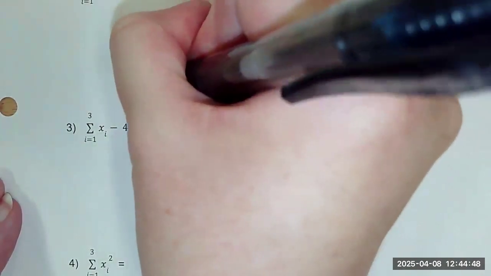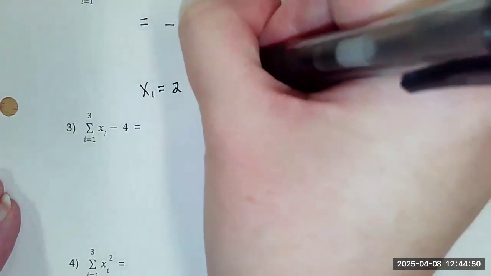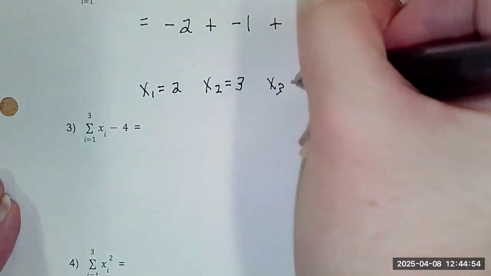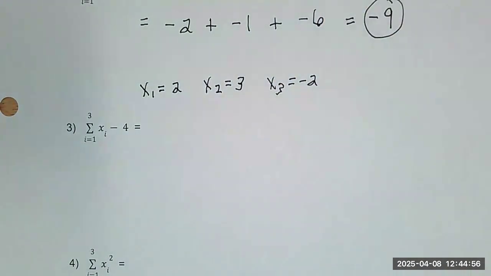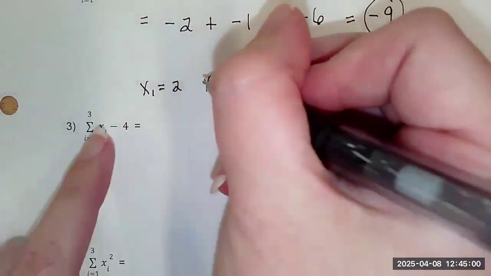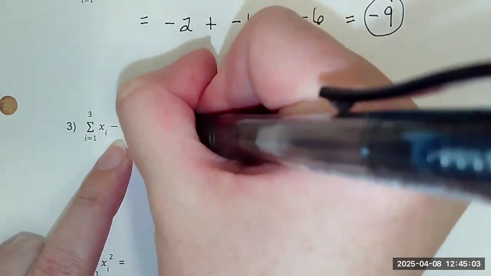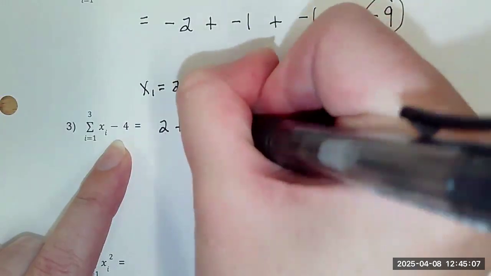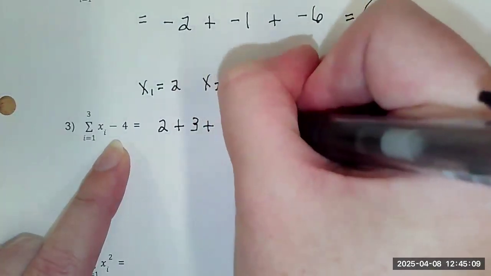So our x's, again, we can't see them because they're up too high. I'm going to put x1 is 2, x2 is 3, x3 is -2, and we also had an x4, but we're not going to use it, so I won't write it again. Okay, so what this one wants us to do is take 2 plus 3 plus -2.